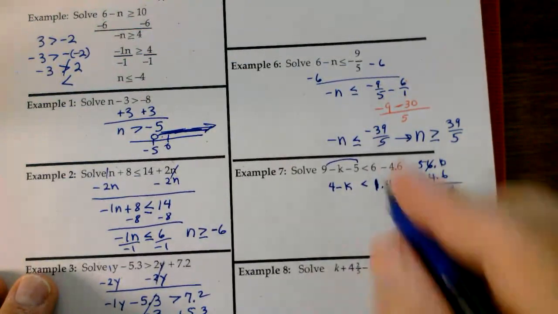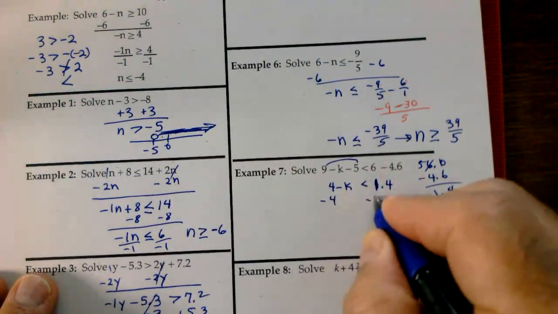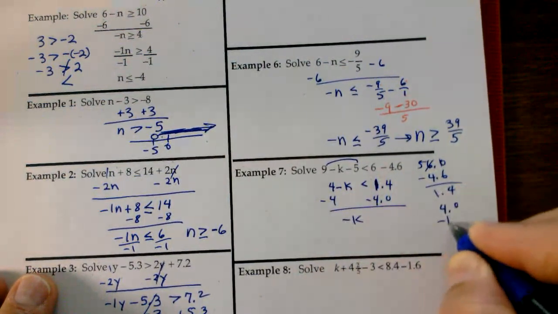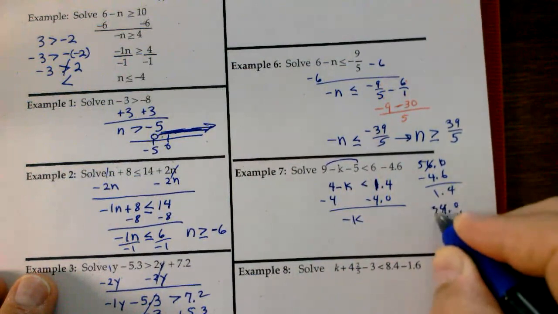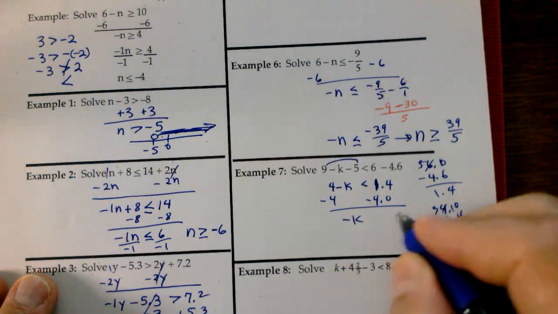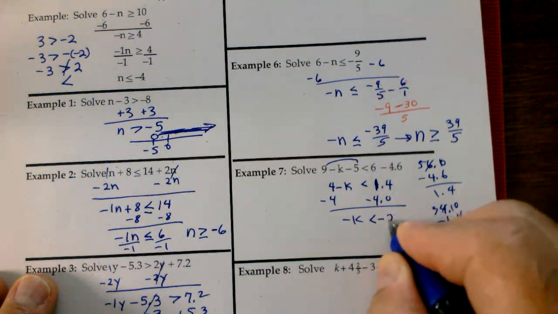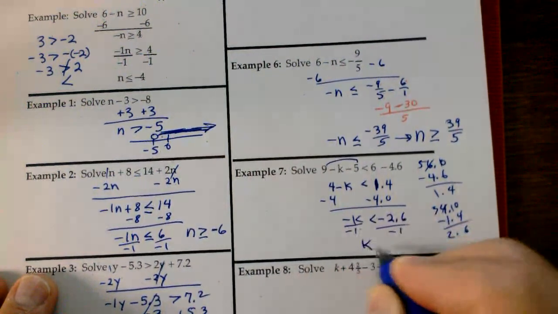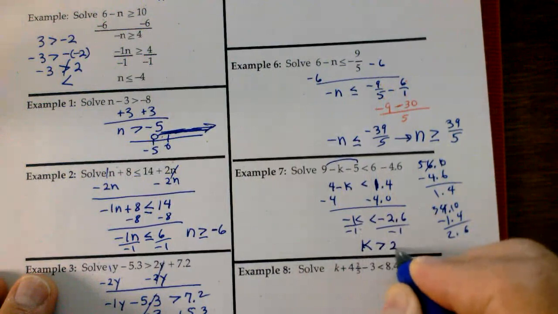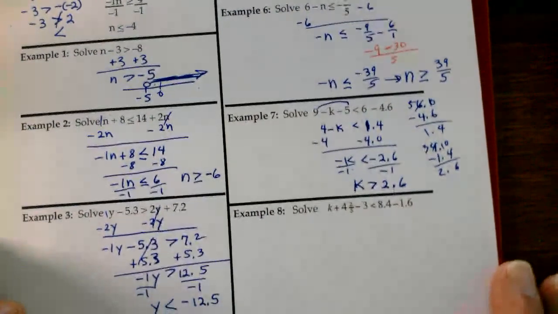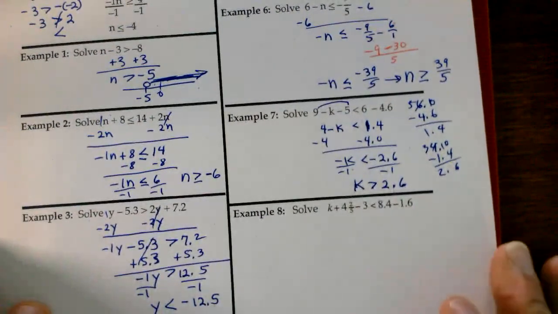Then we just take away 4, and we're going to do 4.0 minus 1.4, and you're going to get a negative 2.6. And then we divide by a negative 1, everything flips, and you get 2.6. So it's a matter of practicing your arithmetic with fractions and decimals to make sure you don't make careless mistakes.